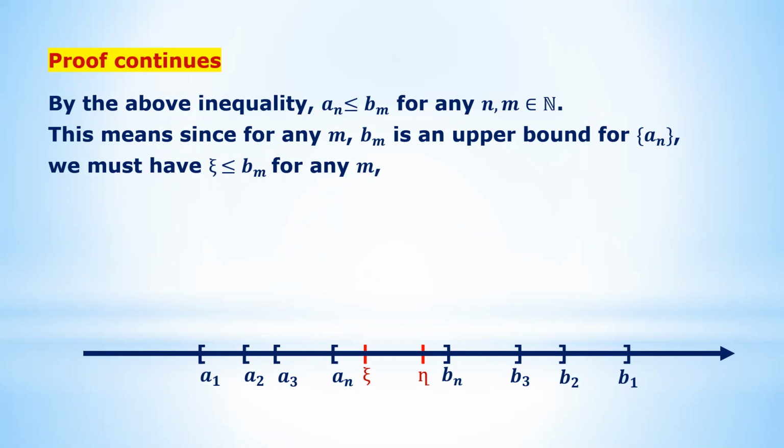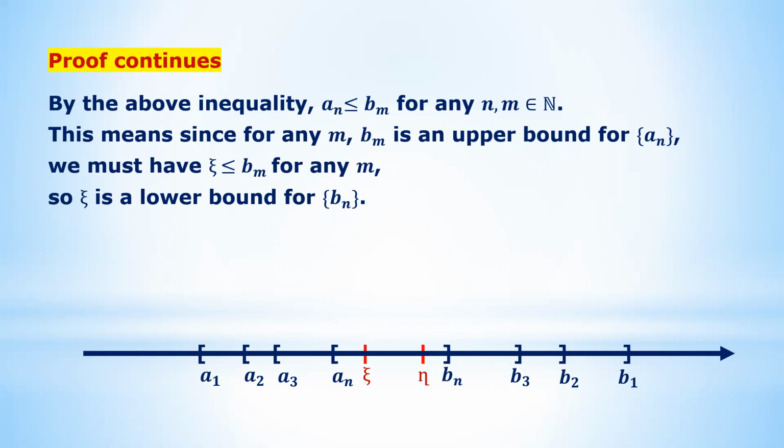Once we get this, look at BM. C now becomes a lower bound for BM. Here I change the index from M to N, it doesn't matter. The key is that no matter what M or N you choose, C is always lower than this term. So C itself has to be a lower bound of BM.